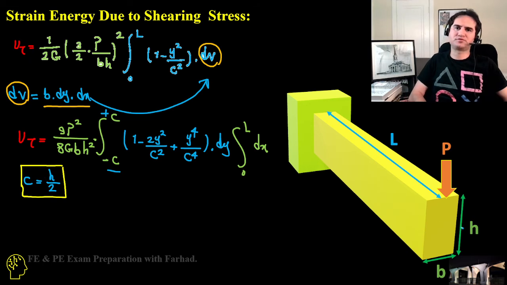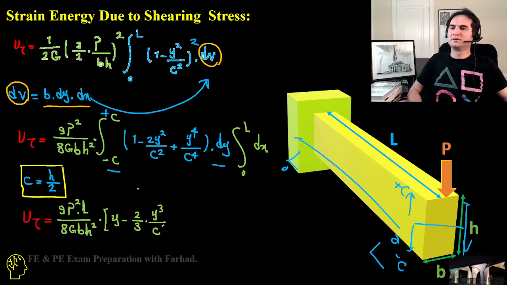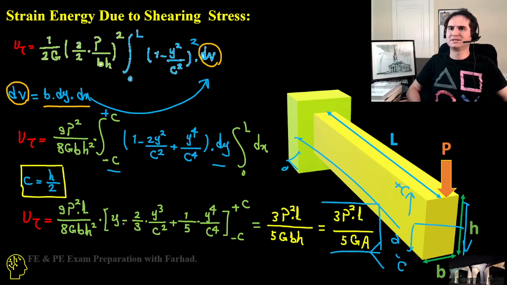Then expand this equation, which is also squared: 1 minus 2y squared over c squared plus y to the fourth over c to the fourth dy, and dx is just from 0 to L. If you do the math, U tau, strain energy due to shearing stress, is 3 times P squared times L over 5G times the cross-sectional area.